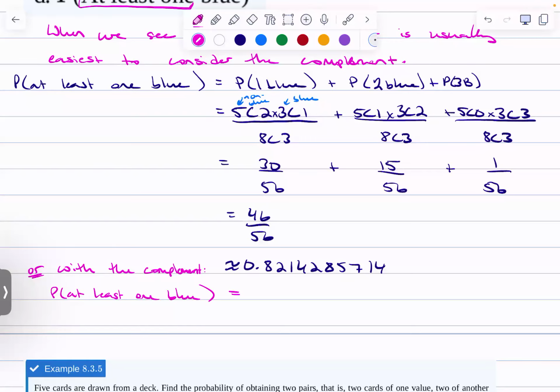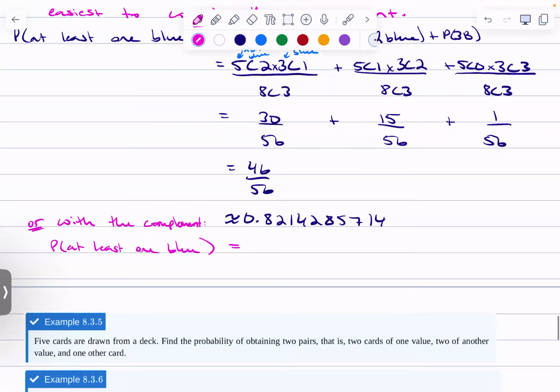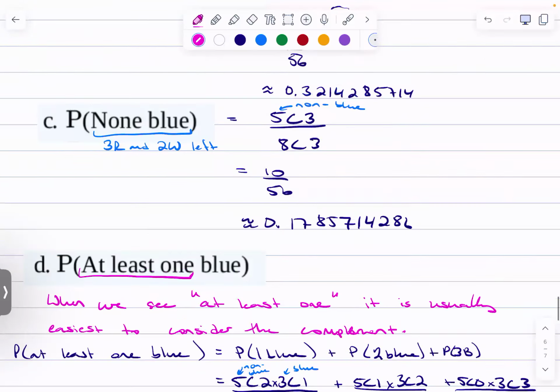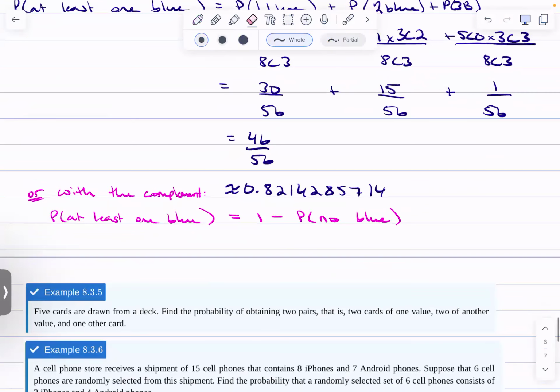What's the complement of at least one blue? That would be 0 blues. 1 minus the probability of none blue. Use the same terminology.